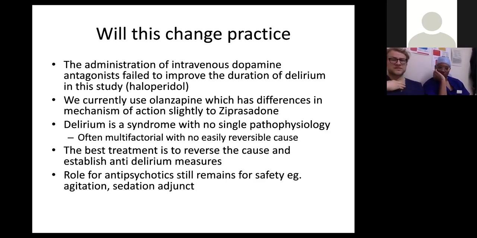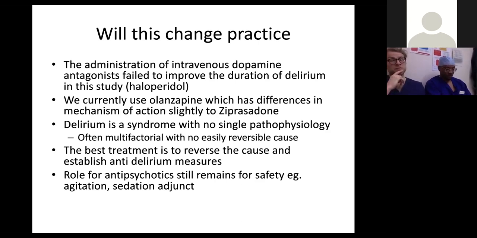We currently use olanzapine, which is different, as I've said, to ziprasidone. Ziprasidone has a mechanism that targets dopamine receptors and serotonin receptors, whereas olanzapine covers more receptors. But I think as a 2nd generation antipsychotic, we can probably use it as a surrogate.